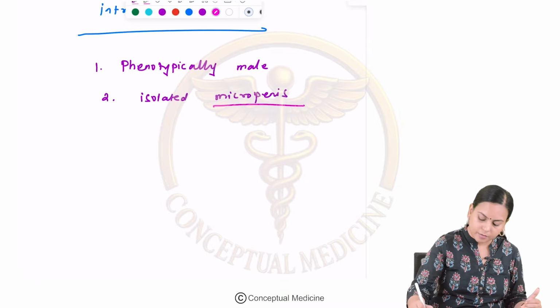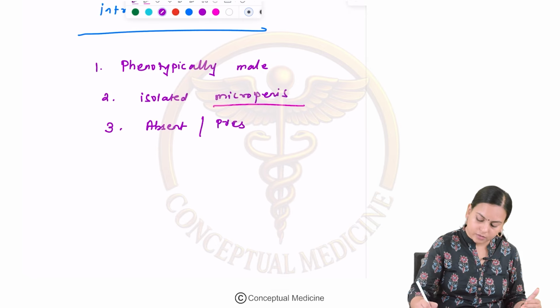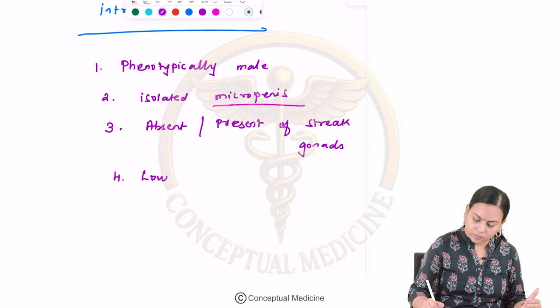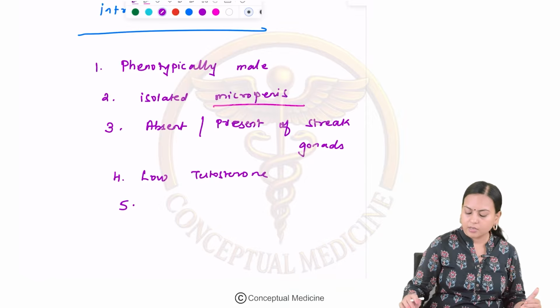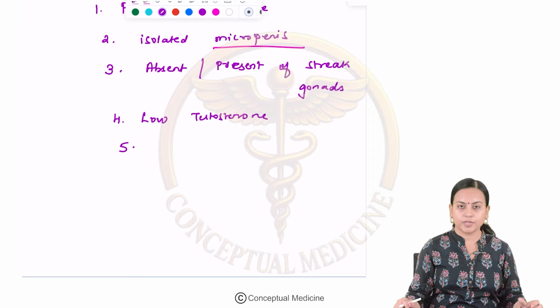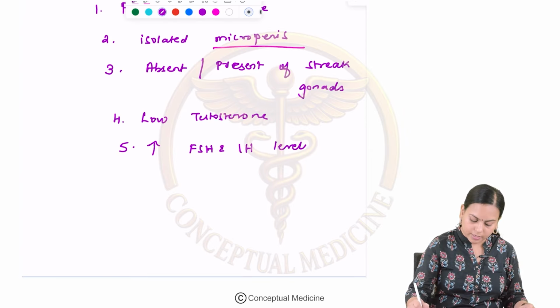Remember, it is micropenis. Then there can be absent or present streak gonads. There can be low testosterone, and because they have streak gonads, obviously the gonadotropins in them are going to be high, right? So there is elevated follicle stimulating hormone and luteinizing hormone levels.